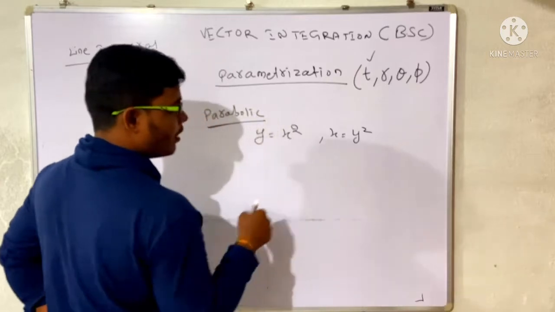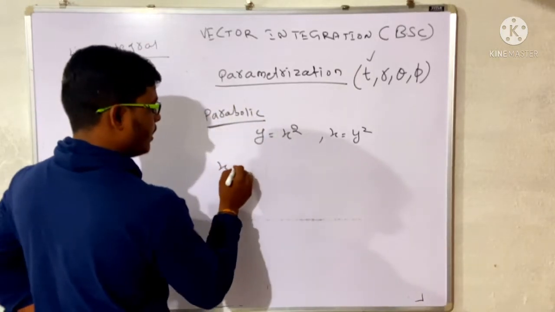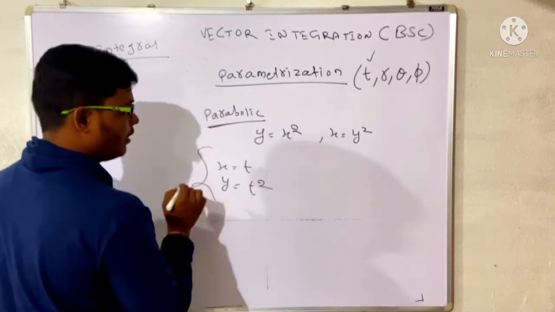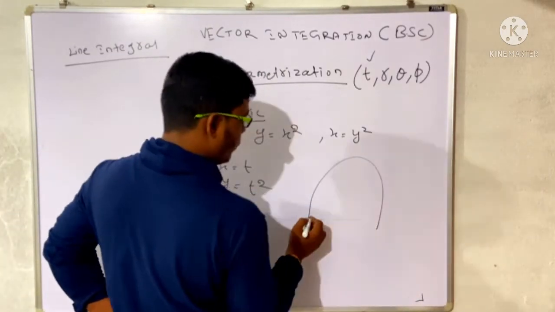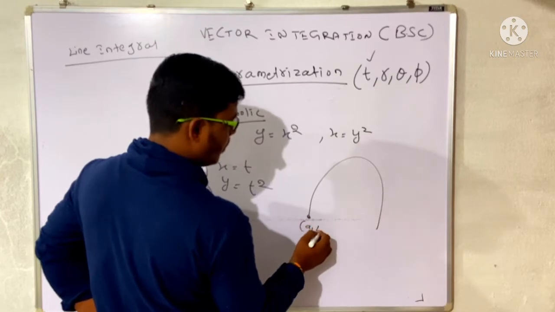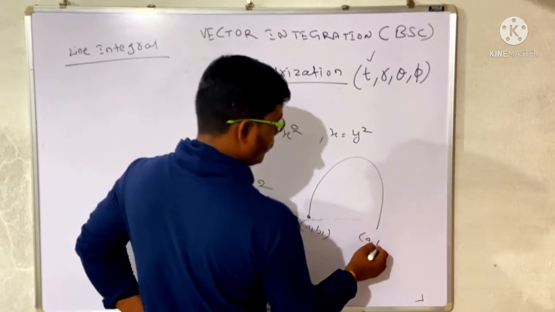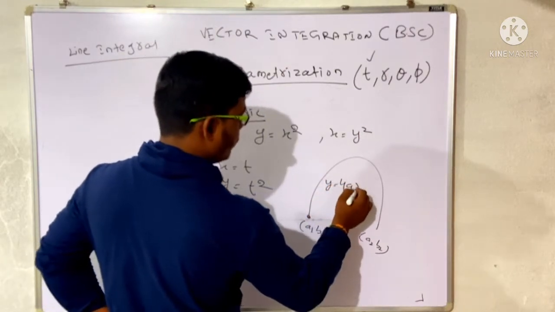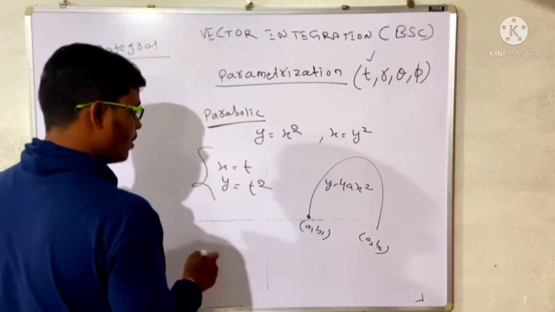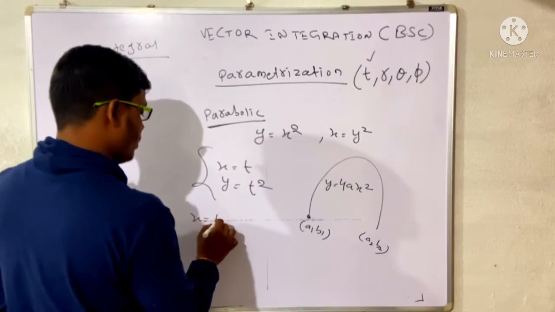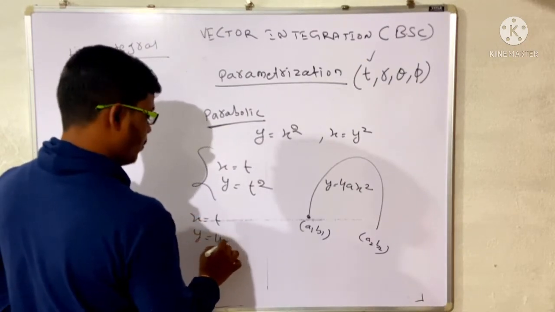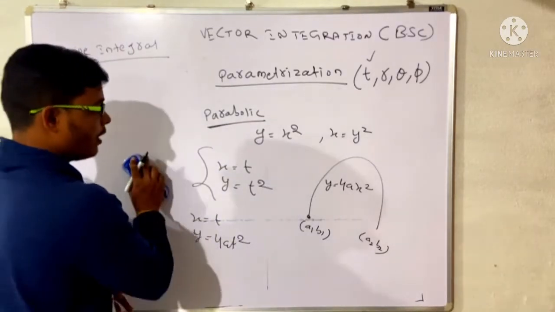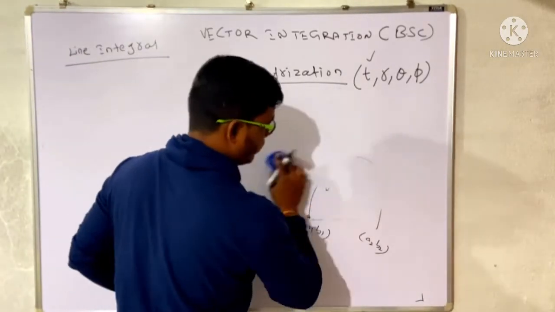So if you take x equal to t, then y will be t square. In this parabolic path, if this is the starting point (a1, b1) and then (a2, b2), and the path is y equal to 4a x square, suppose given, and then take x equal to t, then you will get y equal to 4a t square. So this is the parabolic path, but important are the linear path and then the circular path.